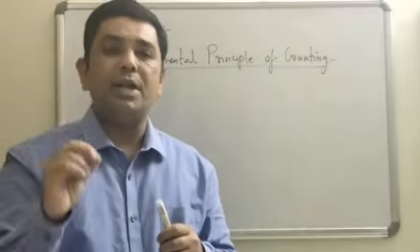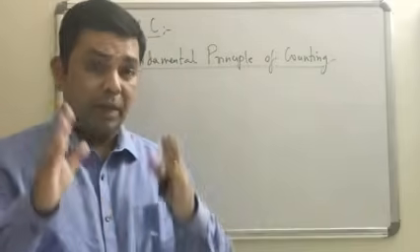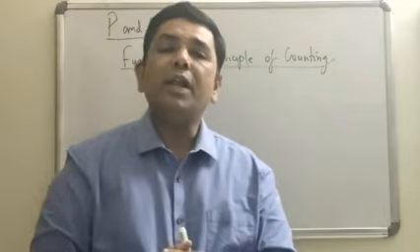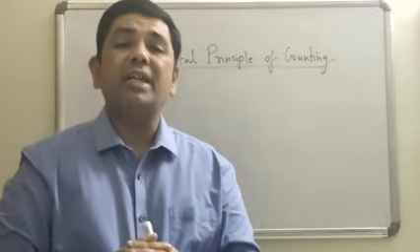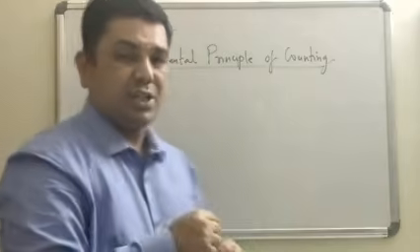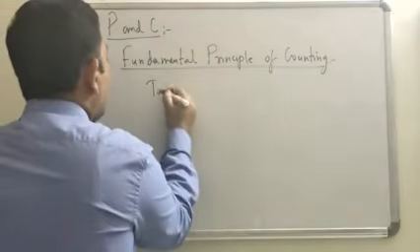So what is the fundamental principle of counting? Please listen carefully. The fundamental principle of counting says if a certain task can be done in m ways. So let me write this for you.